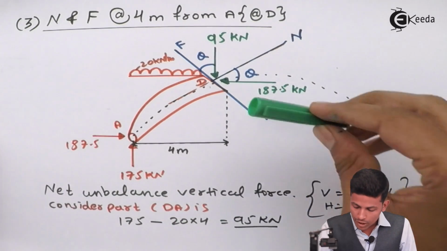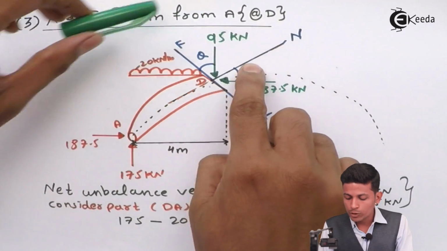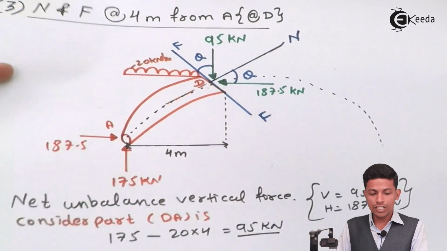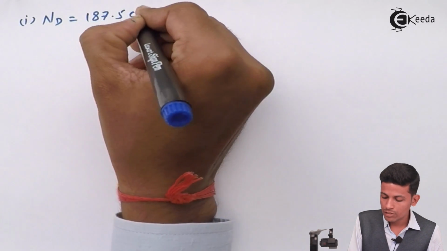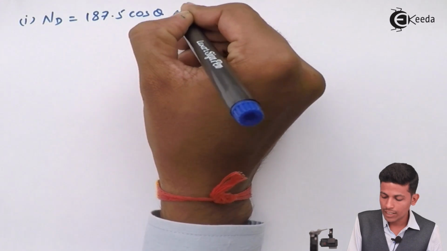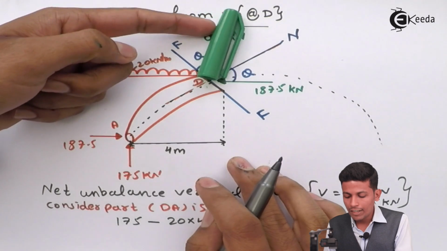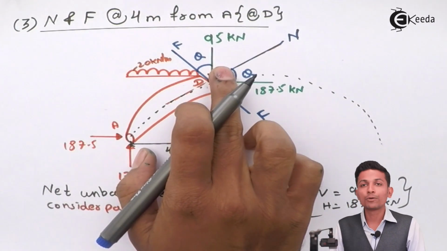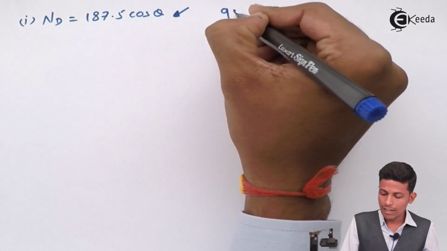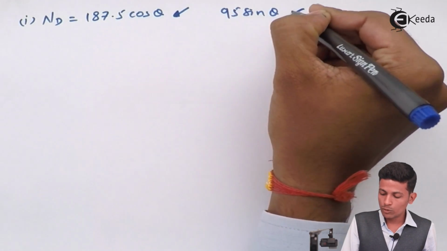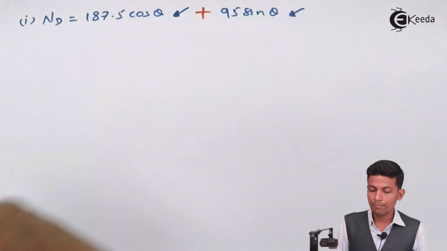So see, this 187.5 when going in this direction, it is with respect to theta, so 187.5 cos theta is going in this direction. Okay, now see, 95 resolved into this direction is not with respect to theta, that's why 95 sin theta is also going in this direction. See, both directions are the same, so that's why in between you can write plus.